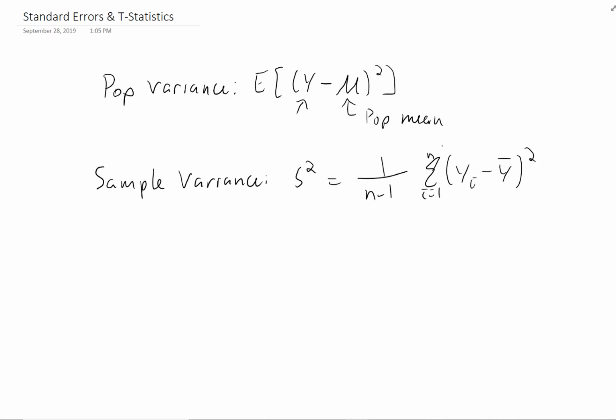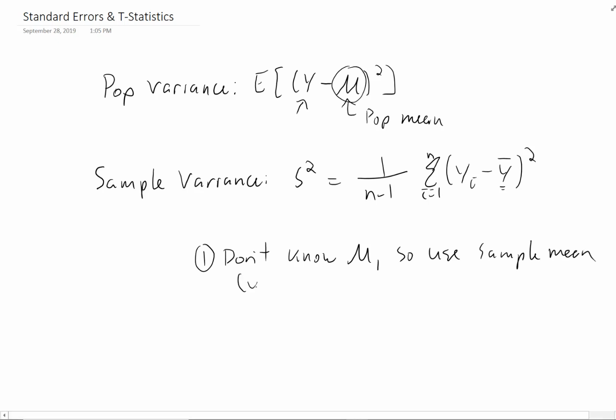So we're going to talk about a few different aspects of this sample variance formula. The first thing you see is, instead of the mu that we see in the top formula, we're using the sample average. That seems like a natural thing to use since we don't know the population mean. So we don't know mu, so use the sample mean, which we're denoting by y bar.